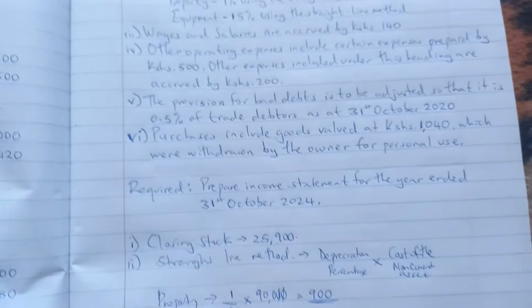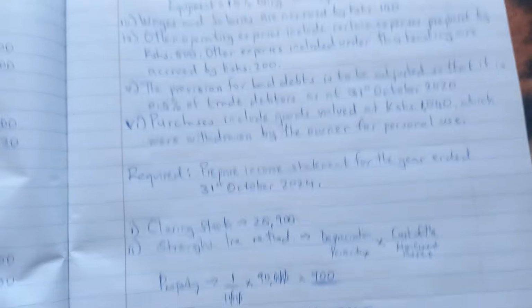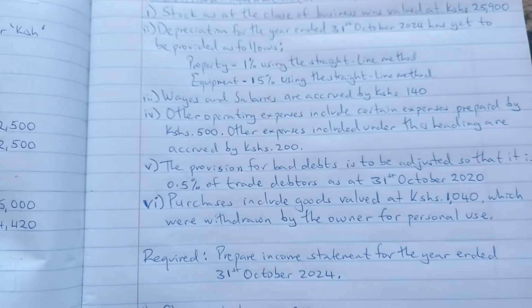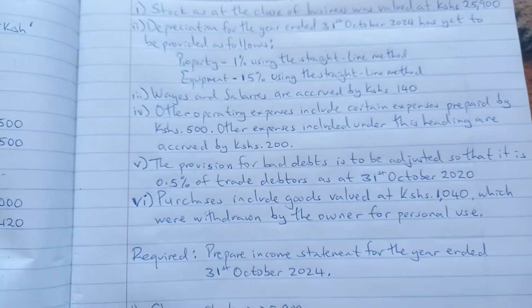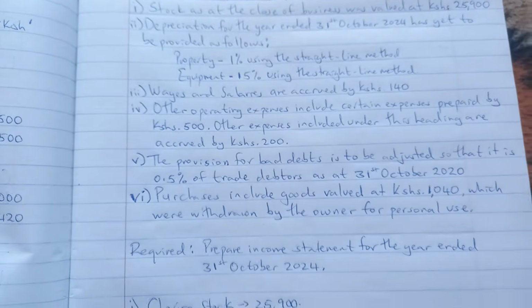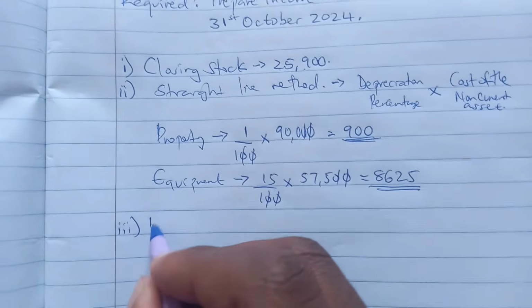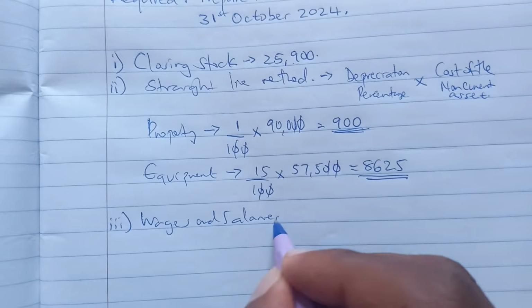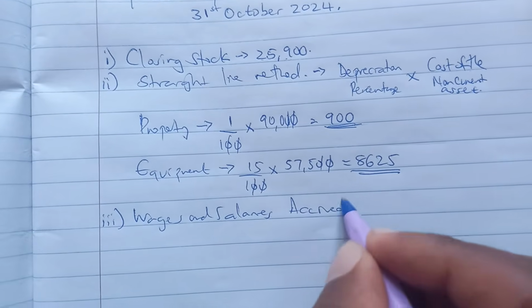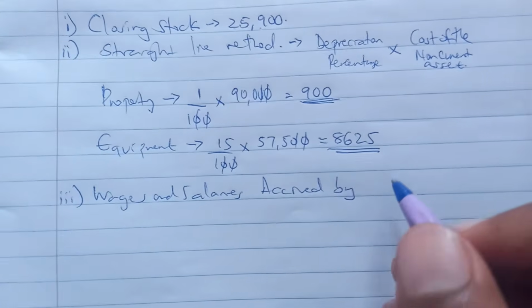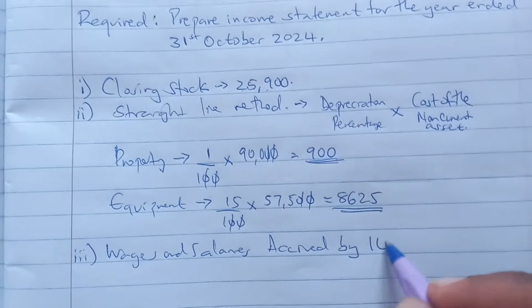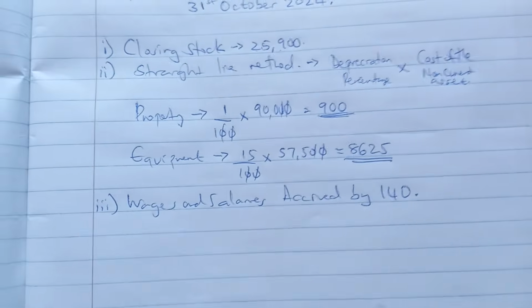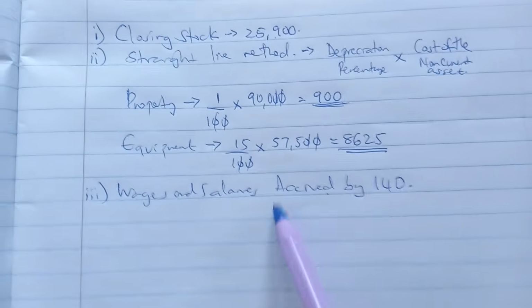Now we go to Roman number 3. We are being told wages and salaries are accrued by 140. Okay, so what do we mean by accrued?